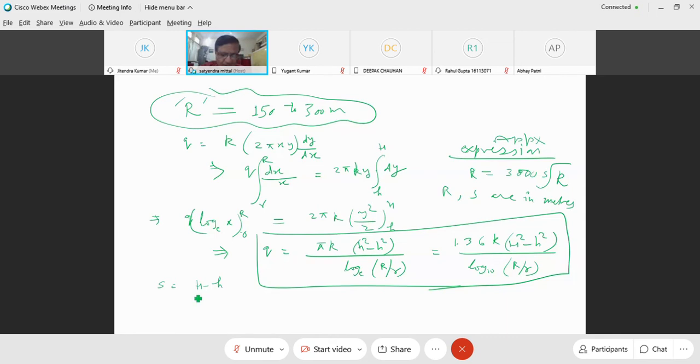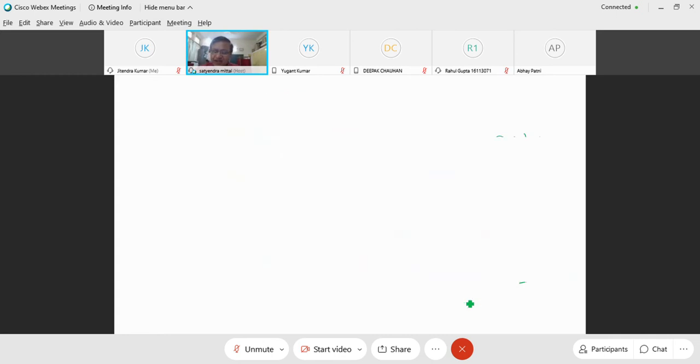So we can also write that S plus 2h equals H plus h. So if you write this as capital H minus small h into capital H plus small h, then you can substitute this value of H plus h as S plus 2h, and then that refined equation also you can get.